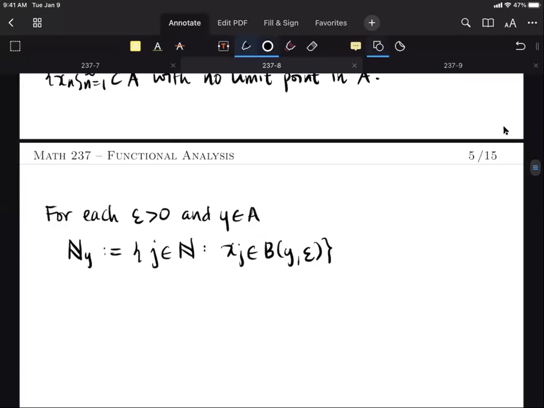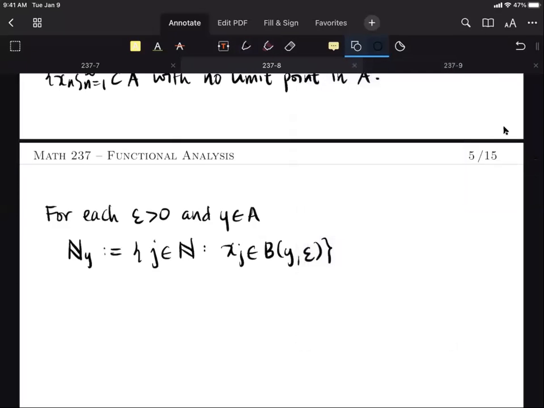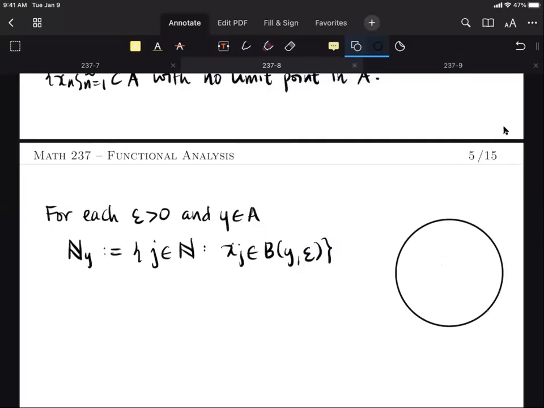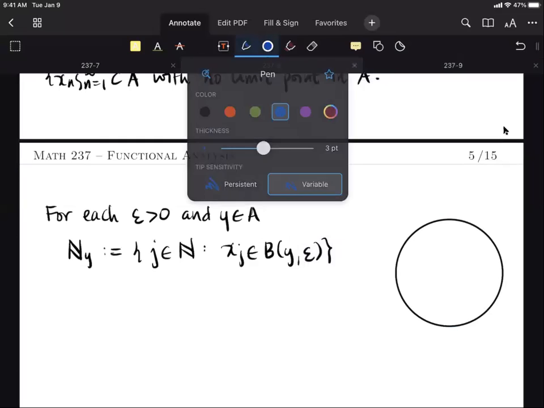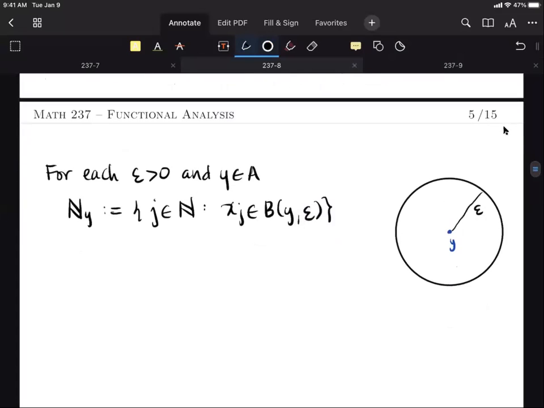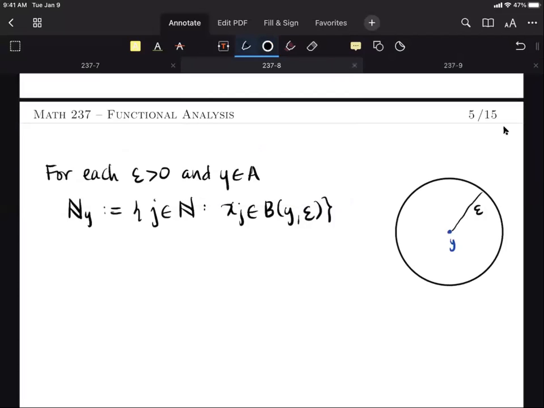Okay, so to have an idea of the succeeding statement, let us consider an open ball centered at y having a radius epsilon. So this y is not a limit point of your sequence.